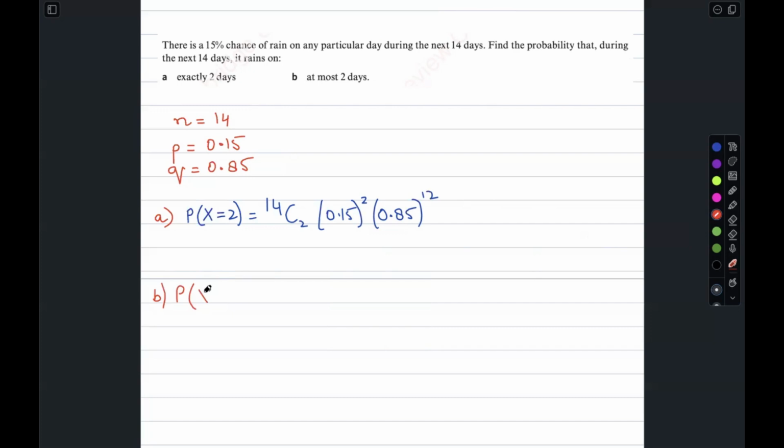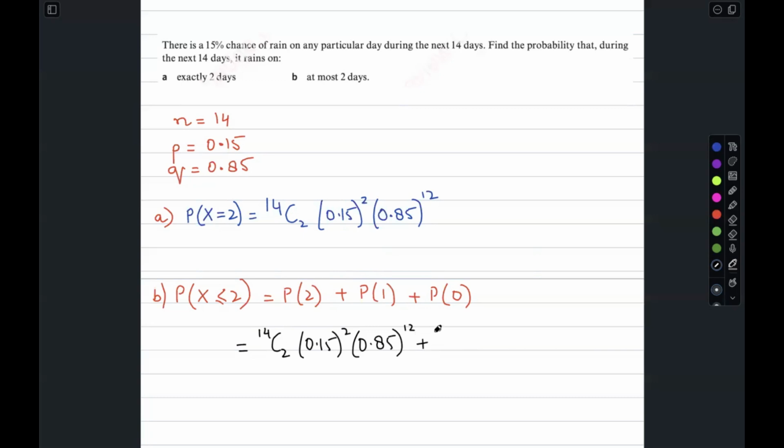So we can write it as X less than or equal to 2, which means we'll find the probability of 2, the probability of 1, and the probability of 0, and then add them up. We already found the probability of 2, which is 14C2, 0.15 to the power 2, 0.85 to the power of 12.